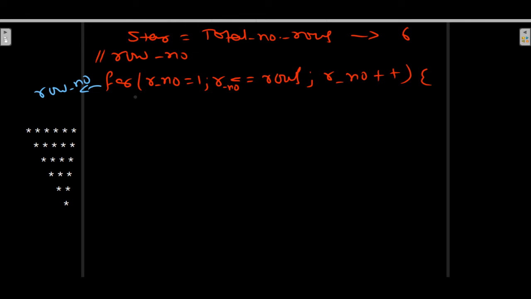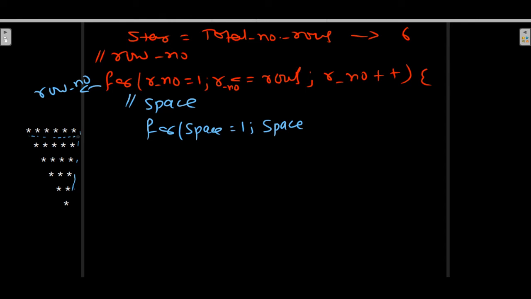After that, we have to print space. So for space equal to 1. We have to do one thing: the total number of rows minus the total number of stars that we need to print in that line.